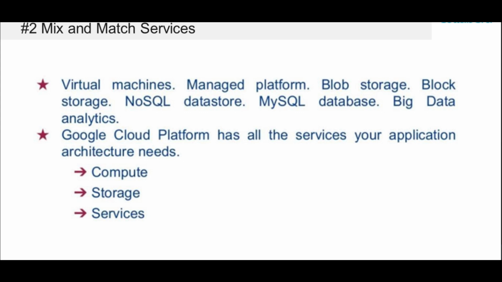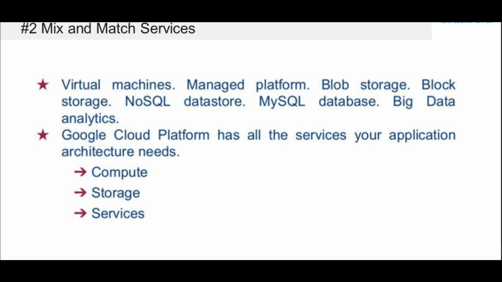Second is mix and match services. Virtual machines, managed platform, different types of storages, different types of databases, analytics services, artificial intelligence. You can create artificial intelligence models on the cloud, IoT models on the cloud, blockchains, likewise.